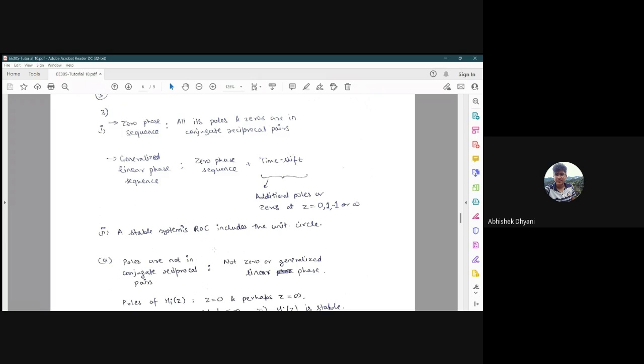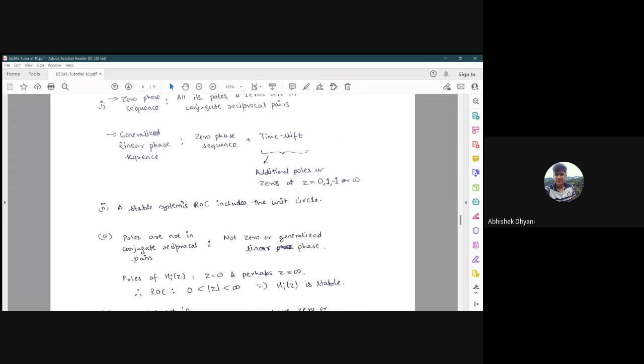So we can tell that it's not a zero phase or generalized linear phase system because it violates the condition for a zero phase sequence, which is that poles and zeros should be in complex conjugate reciprocal pairs. And that's why it cannot be generalized linear phase as well, because generalized linear phase means that the condition of zero phase sequence must also be satisfied. So the first one is out of the way, it is neither one of them.